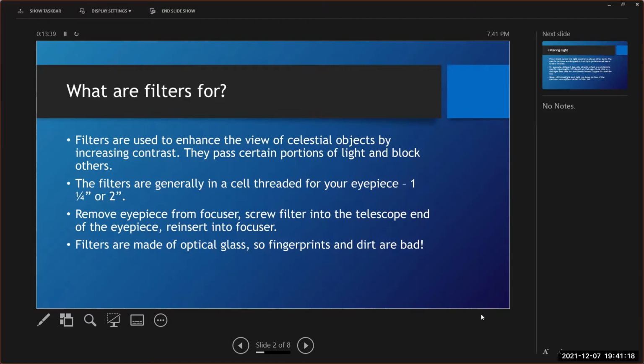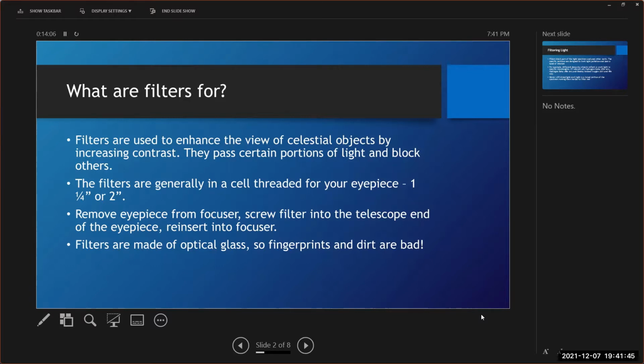The production of these things is, I think, fairly meticulous. So you can get all grades of these kinds of filters: ones that are very carefully made and pass very specific portions of light, and others that are less carefully made and have a wider band pass, if you will.